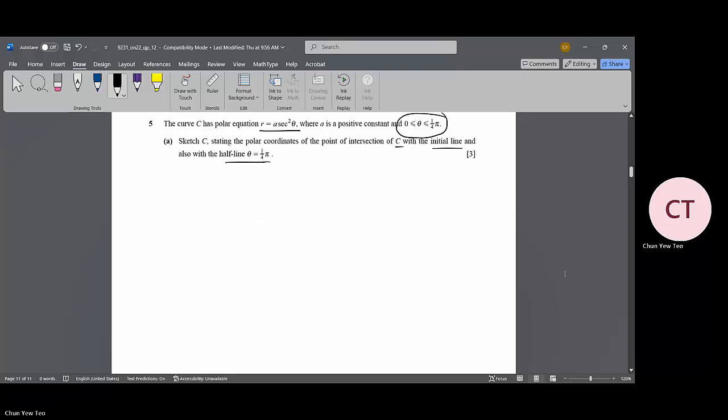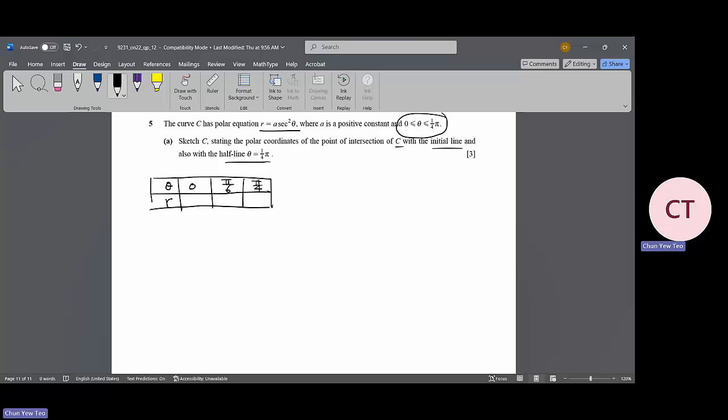Okay. So usually when we need to sketch a polar curve, polar equation, we need to build a table. So this is theta, and this is r. Theta starts from 0 until pi over 4. Pi over 4 is 45 degrees. Maybe we can put in a 30 degree in between.